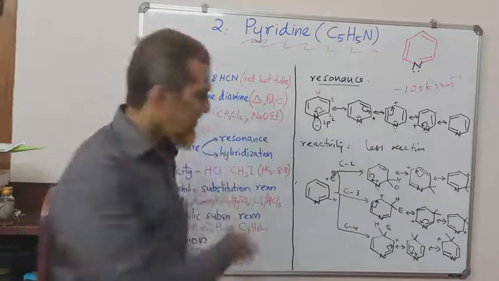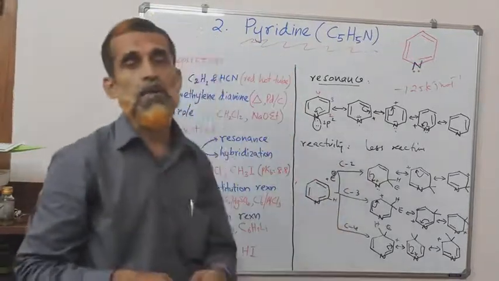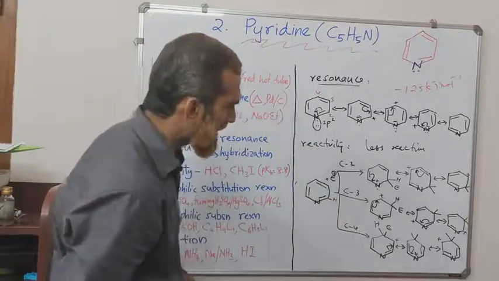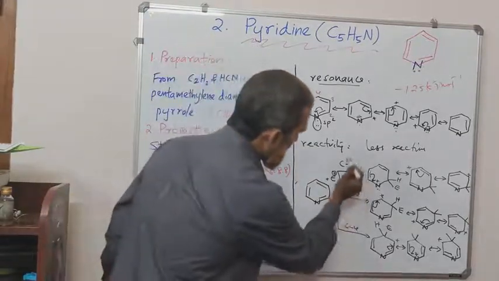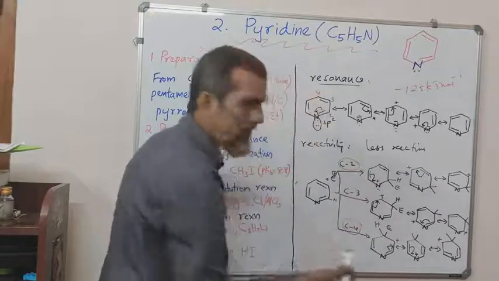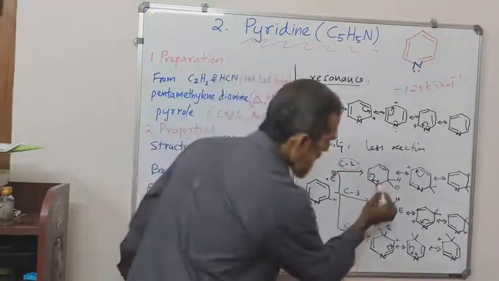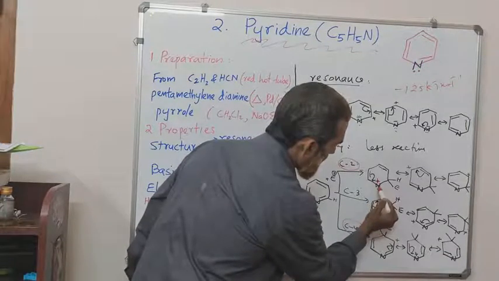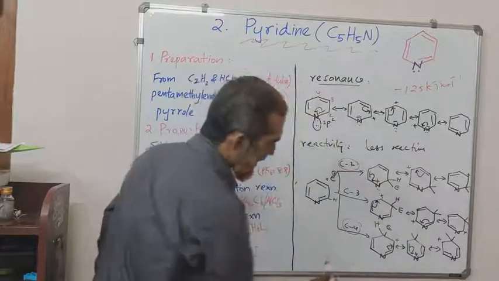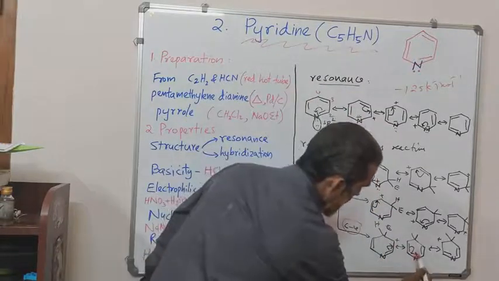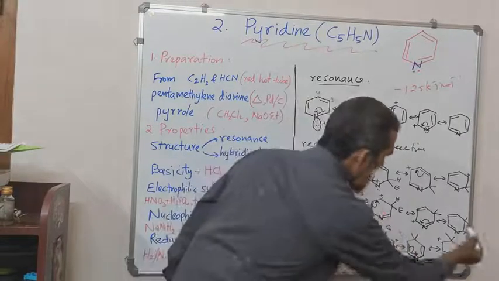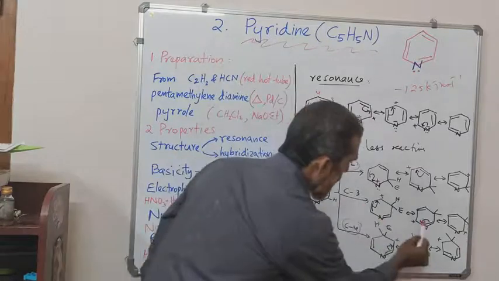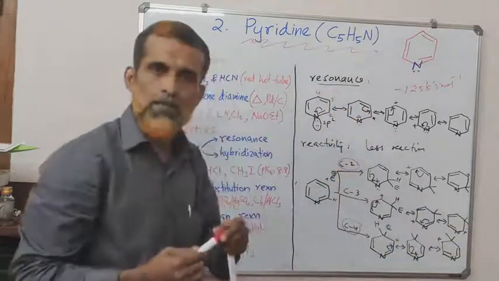Compare the stability. Whichever attack gives more resonance stabilized intermediate, that attack is preferred. You can see that attack at C2 and C4 is giving structures where positive charge appears on nitrogen. See, look at this. Positive charge is here. Here also there is positive charge on nitrogen. But you can see in these structures, there is no positive charge appearing on nitrogen. So what is that point?